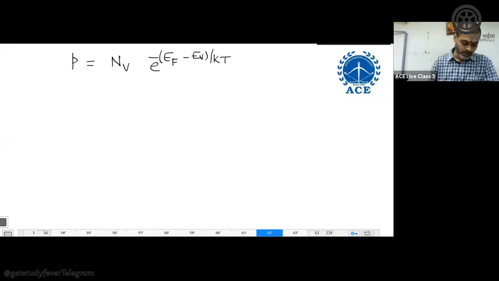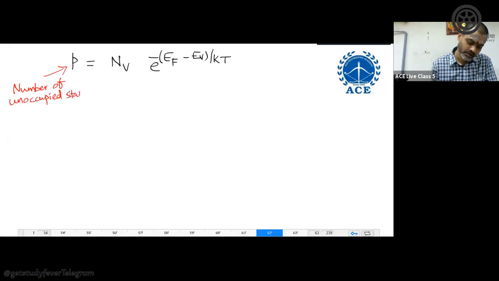Now, what is this P going to represent? P is nothing but concentration of holes. It is nothing but, can I say, number of unoccupied states? Am I correct? P is number of unoccupied states.